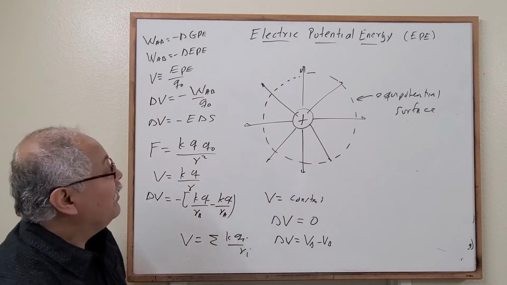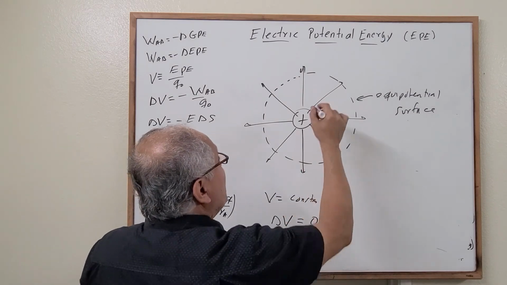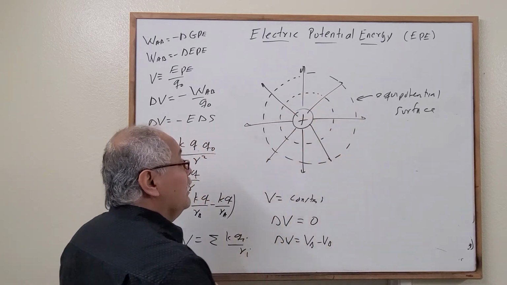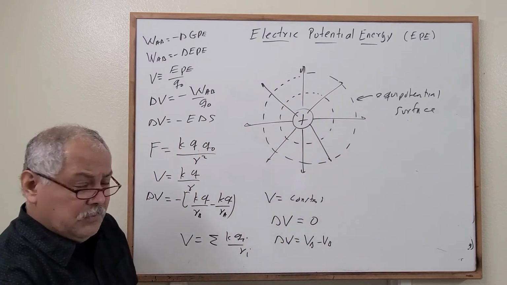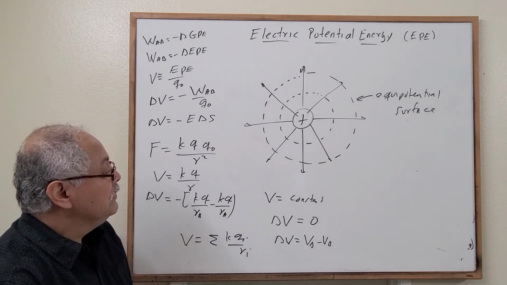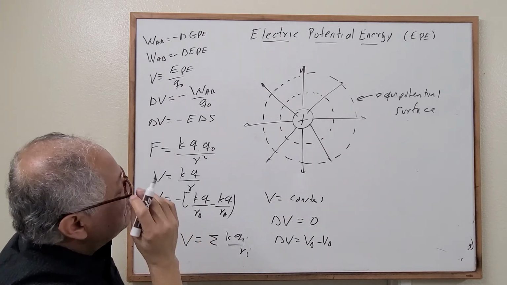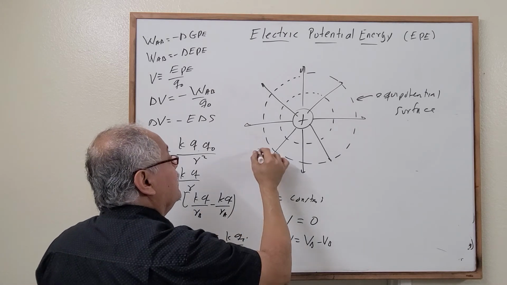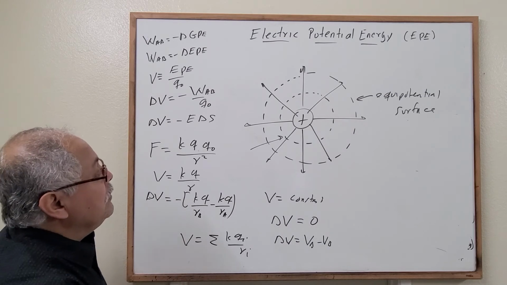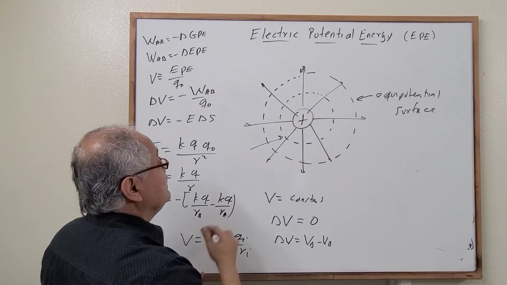Perfect. Now, we can have another one right here, right? Another surface. And also, it's gonna be the equipotential surface. Another equipotential surface, right? Perfect. But what is the equipotential value right here? Okay, well, imagine that this is V1.